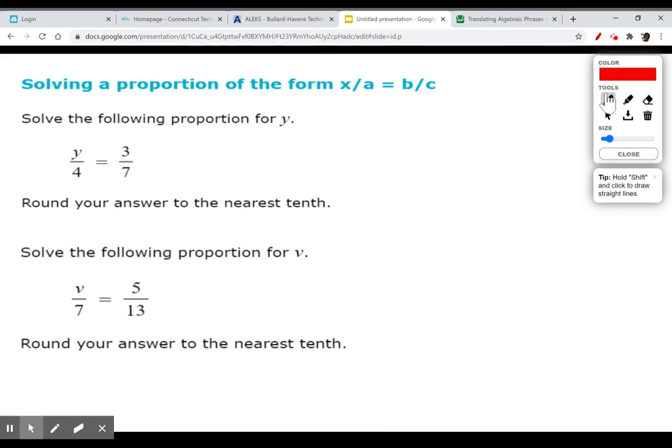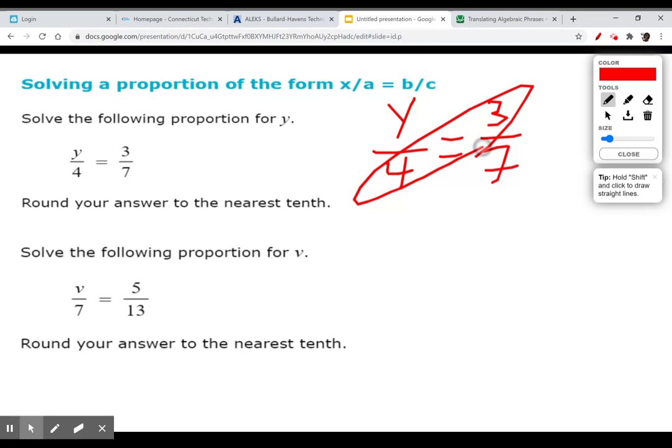So to solve for our proportion, first let me rewrite it. The first thing we need to do here is cross multiply. 4 times 3 becomes 12, and y times 7 becomes 7y. In order to solve for y, we must divide both sides by 7.